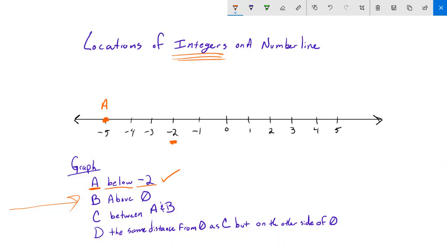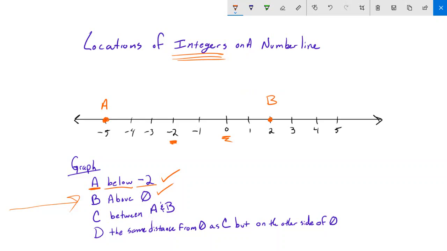Let's look at the next one. It says graph B above 0. Okay, so 0 is here. I'm going to look above 0. I can pick any integer up there, so I'll just say, why not have it be 2, right? So that'll be B. Okay, great.